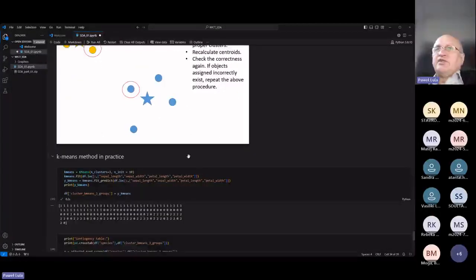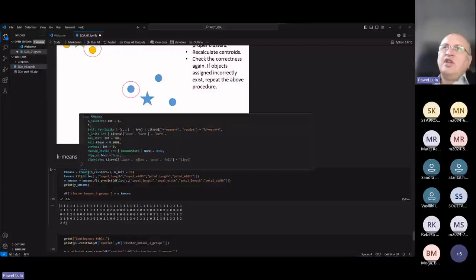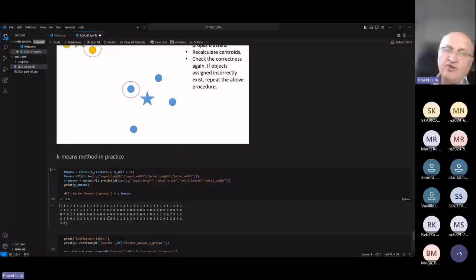How to implement it? Also, we have a function, KMeans. This function here in green, we see it. It is a function for creating a Python object in which we will have all data for performing this calculation.